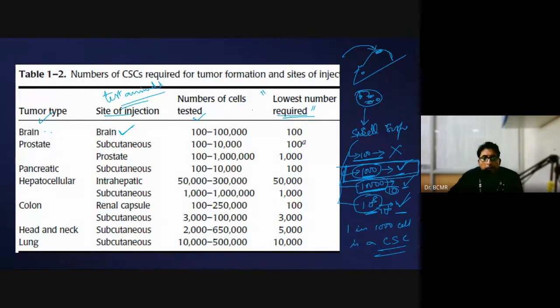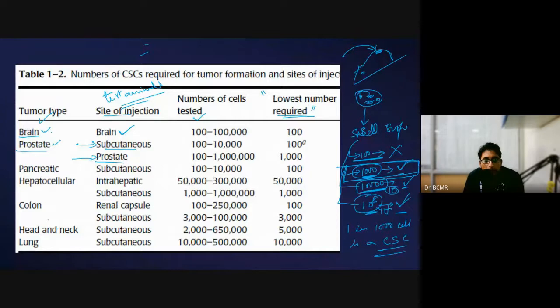Maybe. So when we look at this table, I would also want you to look at the type of the cancer that is there here, brain, prostate, and so on. In some of them, they have given at different locations, like subcutaneous below the skin and in the prostate. And where is it going well is the question here.